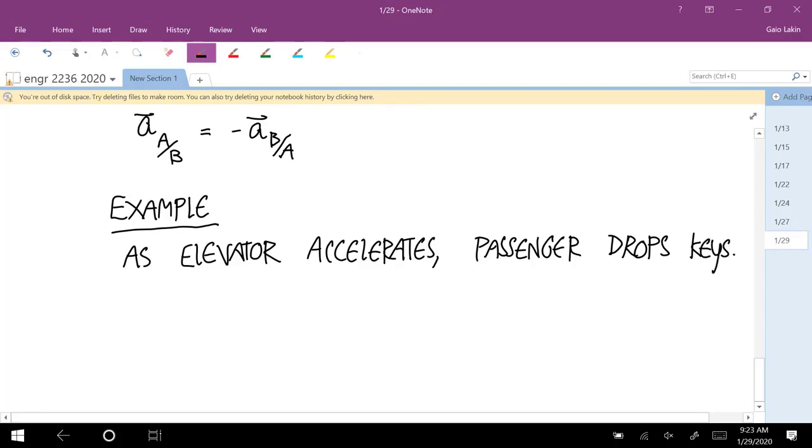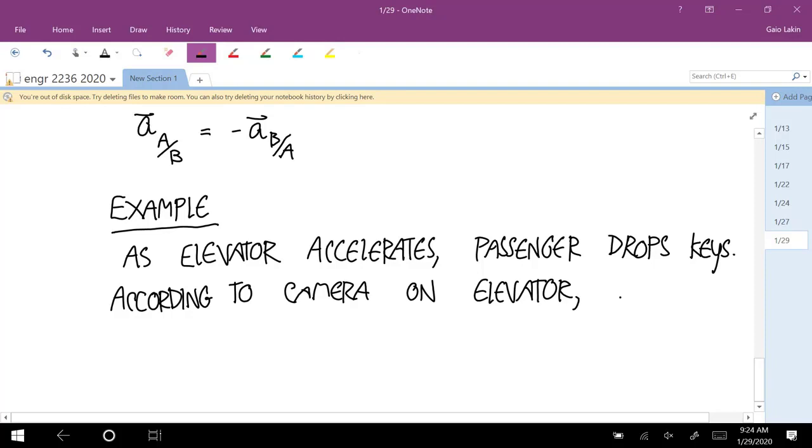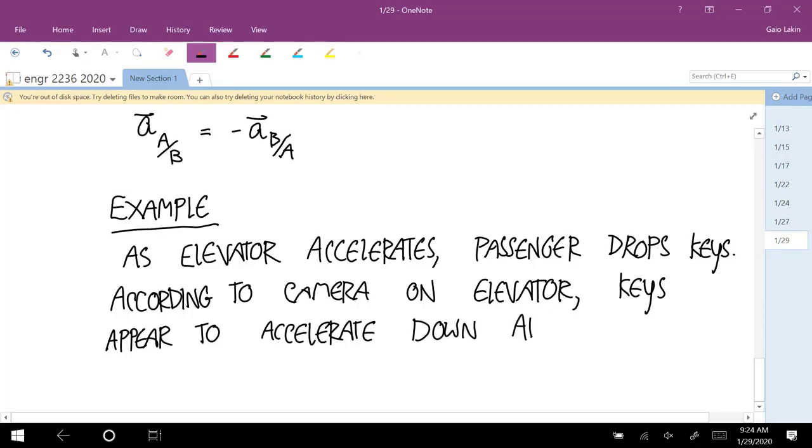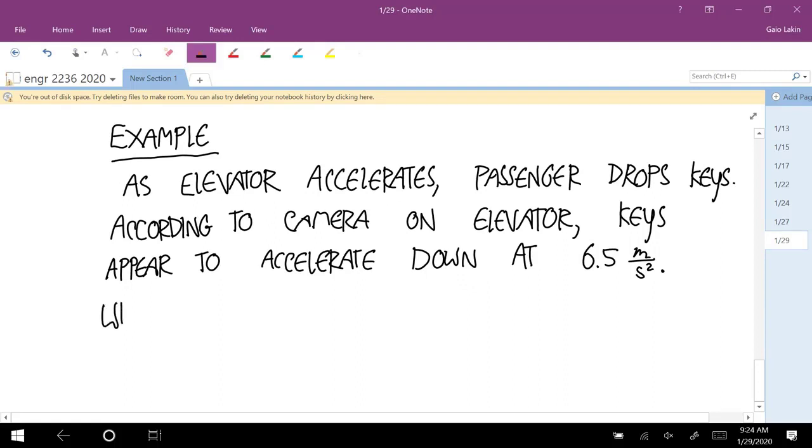And according to a camera on the elevator, the keys appear to accelerate down at 6.5 meters per second squared. What's the acceleration of the elevator?